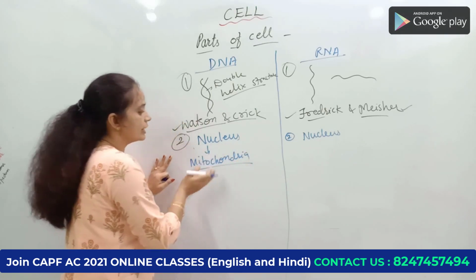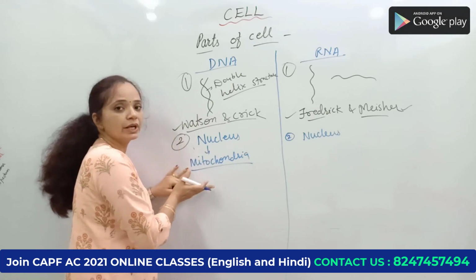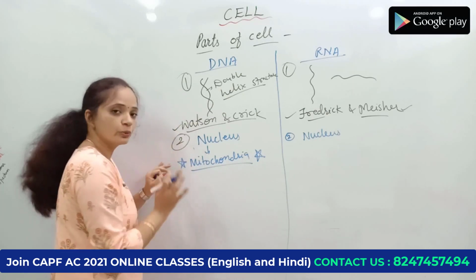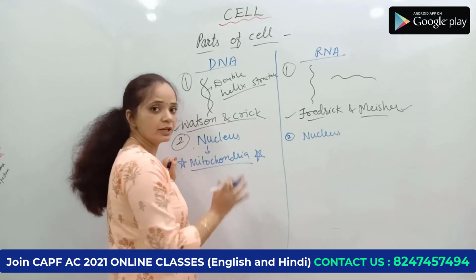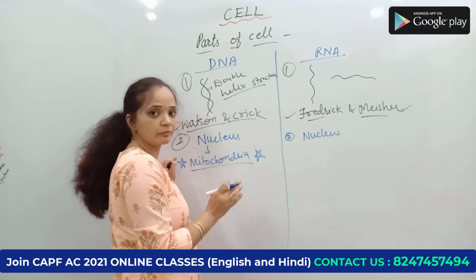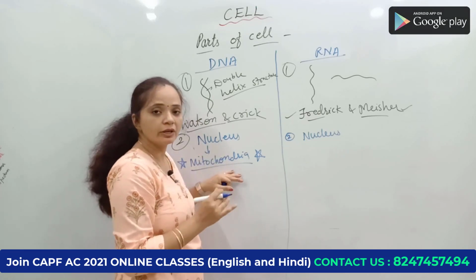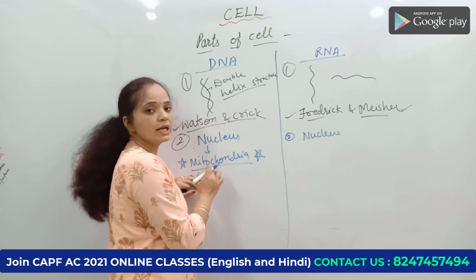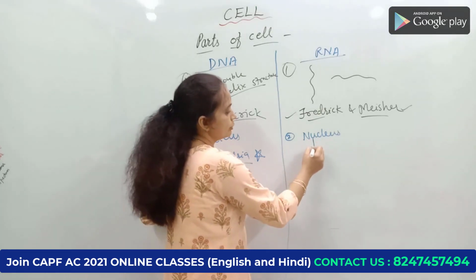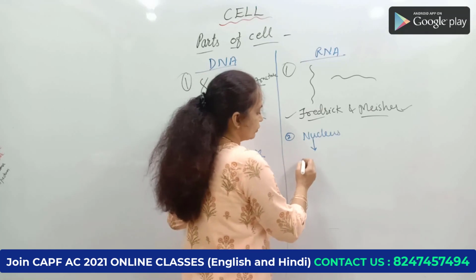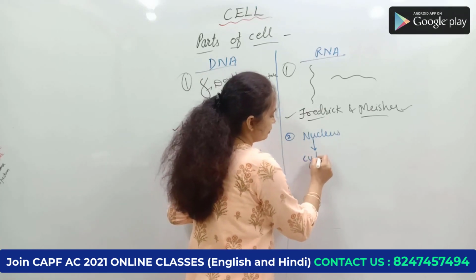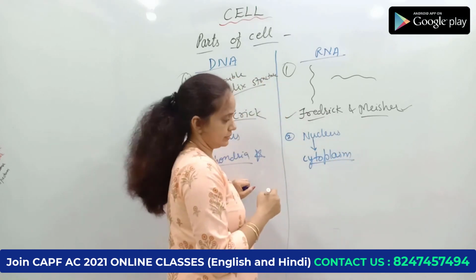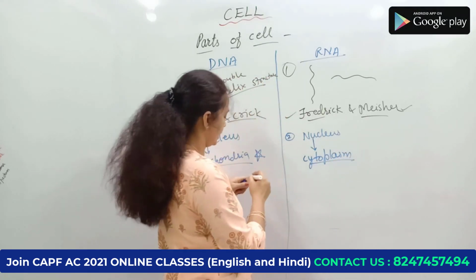Mitochondria has its own DNA. It's a very important point: apart from the nucleus, which cell organelle has its own DNA? Mitochondria. Then what about RNA? RNA is also present in the cytoplasm. Functions, I'll let you know.